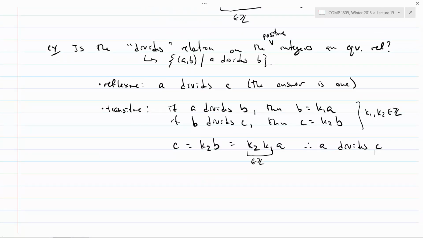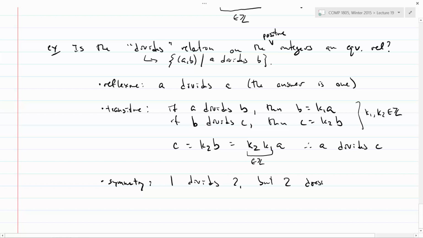But now let's go back and look at symmetry. So is this relation symmetric? No, why not? Right, 1 divides 2, but 2 doesn't divide 1. And this is exactly how you show a relation isn't symmetric.